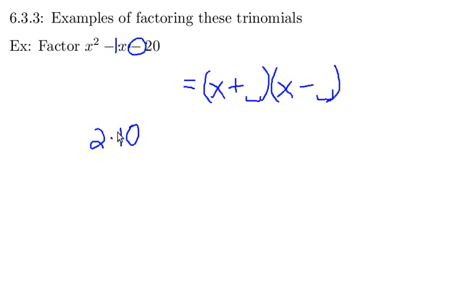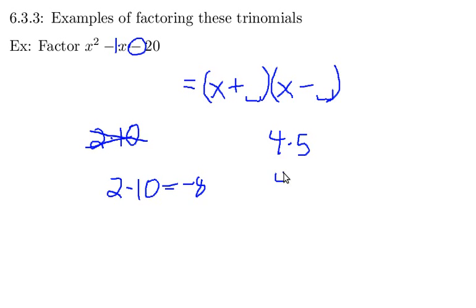Okay, what happens when you add 2 and 10? Well, we know that the minus has to go with the larger number, because that was the last type of problem from the previous video. So that means we're going to be doing 2 minus 10, and that's going to give us minus 8. But this isn't minus 8 here, so 2 and 10 won't work. So let's try something else that'll multiply to make 20. 4 and 5. So 4 and 5 multiply together to make 20, and so then we put the minus with the larger number because we have a minus here.